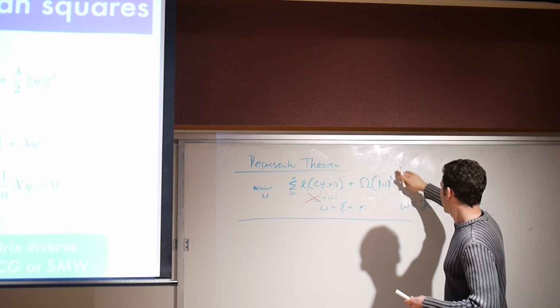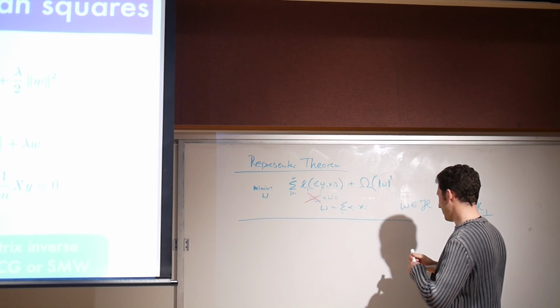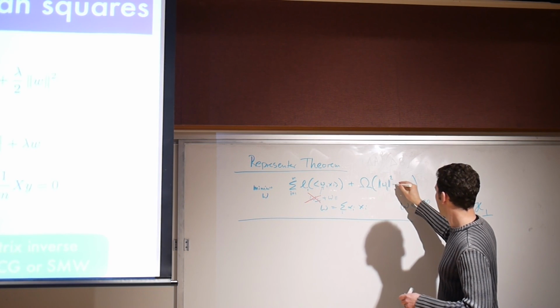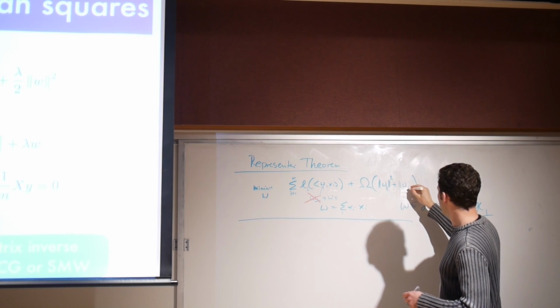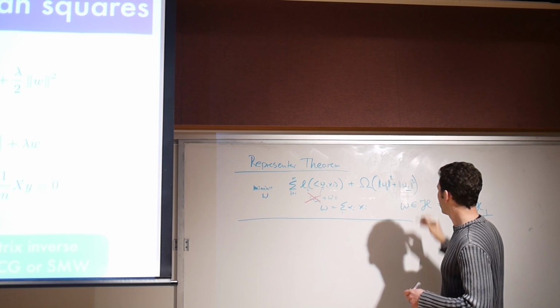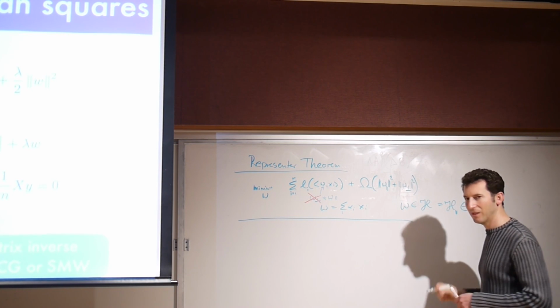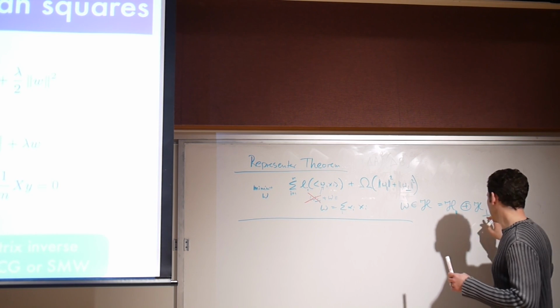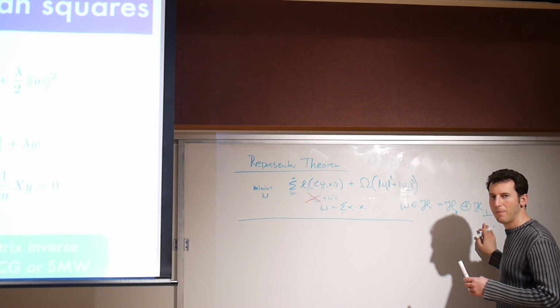Now, for this regularization penalty, what we get is the norm of W parallel plus W orthogonal, squared. So it's just Pythagoras, these are orthogonal components.